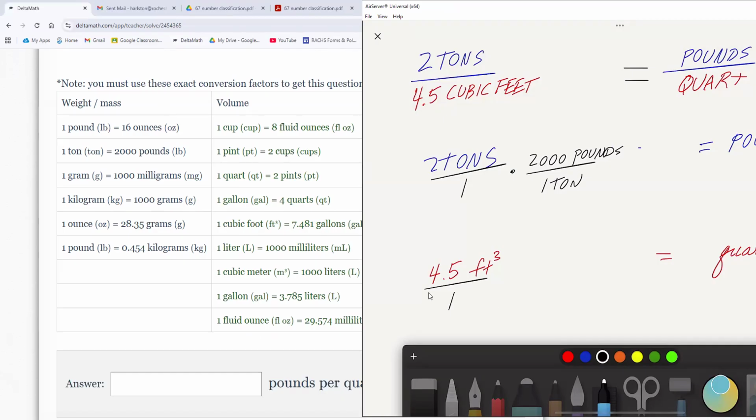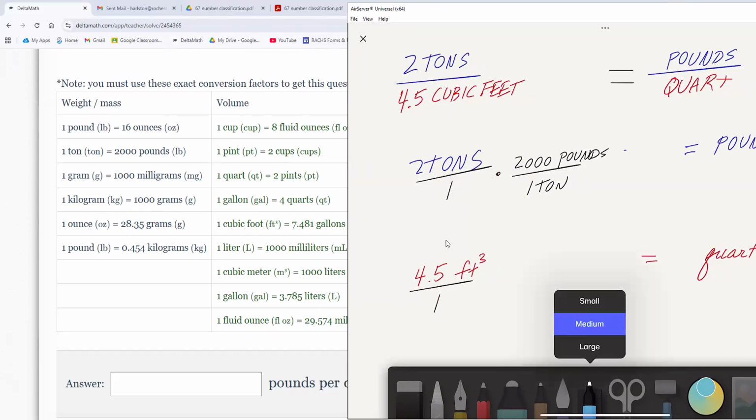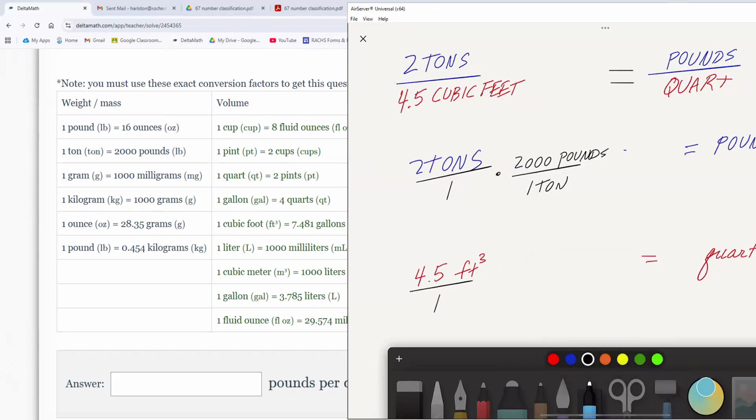So watch what I do. 1 cubic foot is equal to 7.481 gallons. And then I need another conversion where 1 gallon is equal to 4 quarts.